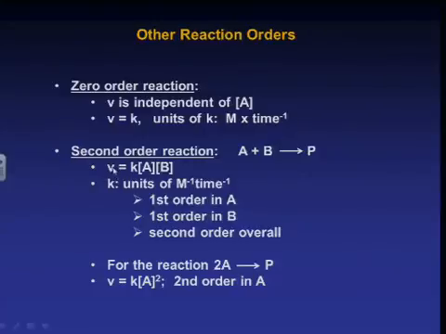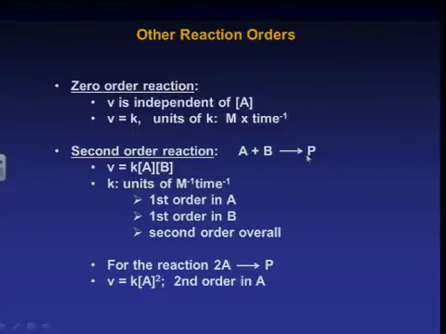The velocity now in this second order reaction is going to be equal to a rate constant times the concentration of A times the concentration of B. So the units of that are going to be different than the units for a first order reaction, right?